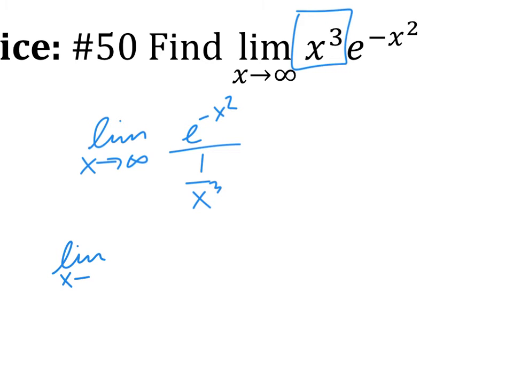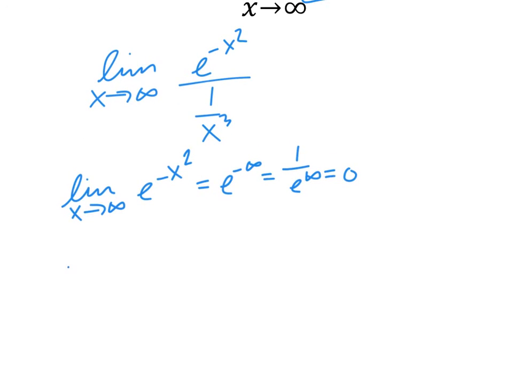The limit as x goes to infinity of e to the negative x squared is e to the negative infinity, that is 1 over e to the infinity, which is 0. And the limit as x goes to infinity of 1 over x cubed is obviously 0.